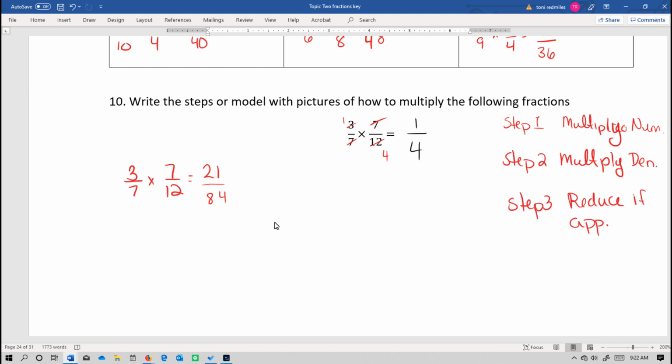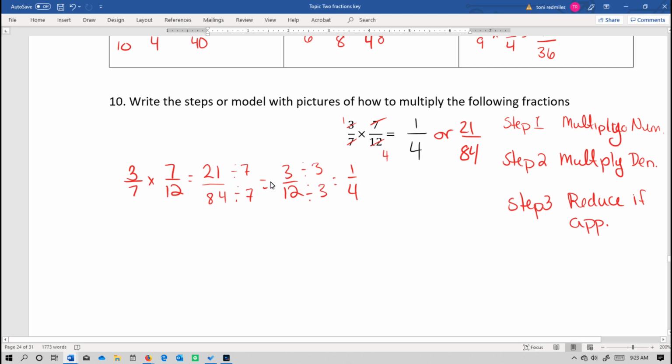Because like I said, there are situations when it wouldn't be. Okay, so if you know how to reduce, you know that 7 goes into both numbers. And then you know that 3 goes into both numbers. But I also would have taken the answer of 21 over 84 because remember, there's not always a reason to reduce a fraction. We will talk about that when we get to the discovery project with fractions. That is coming up very soon.